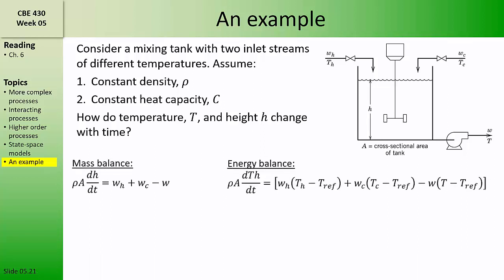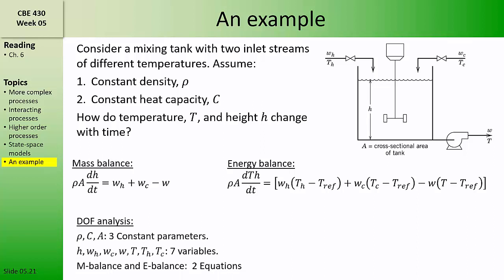The level in the tank can be determined from a mass balance, and the temperature of the fluid in the tank can be determined from an enthalpy balance. Performing the degree of freedom analysis, we find that there are three constant parameters that appear in this model: the density, the heat capacity, and the cross-sectional area of the tank. That leaves 7 additional variables: the tank level h, the mass flow rates of all three streams, W_H, W_C, and W, and the temperatures of all three streams, T, T_H, and T_C.